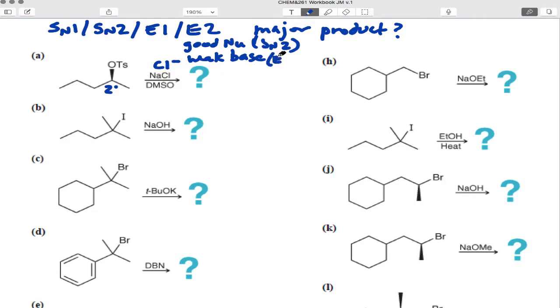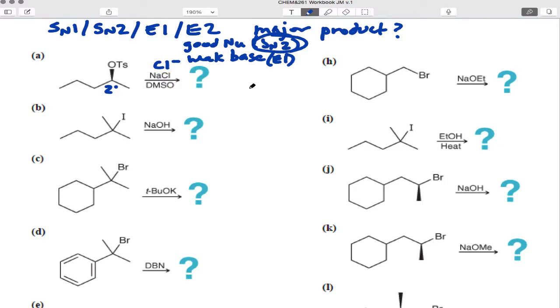Now the thing is, if I have a choice between having a nucleophile come in versus waiting for the leaving group to leave as an E1 and then having this grab a beta hydrogen, it's more likely that this is just going to come in. I'm not going to wait for this leaving group to leave first. So this as a nucleophile is going to come in, and I'm going to choose SN2 over E1 because I think E1 and SN1 are pretty slow.